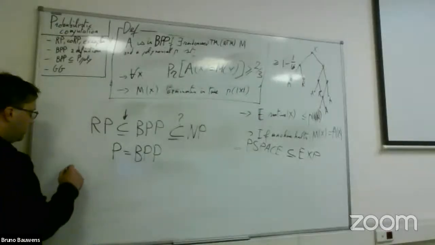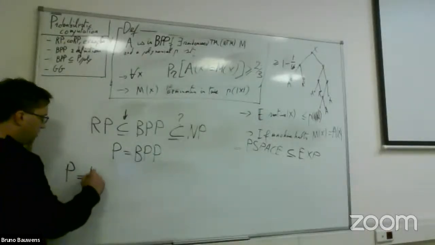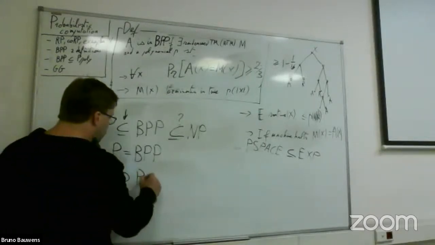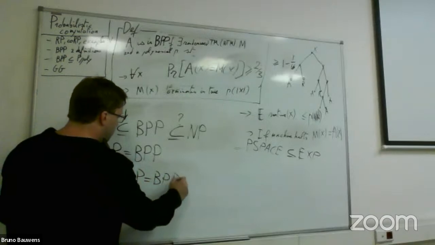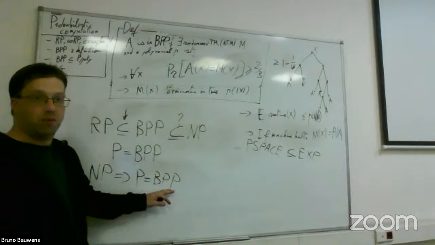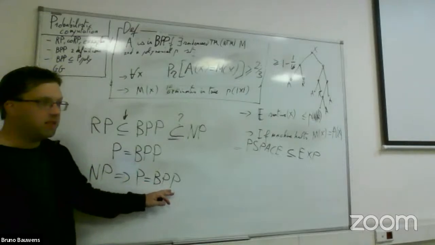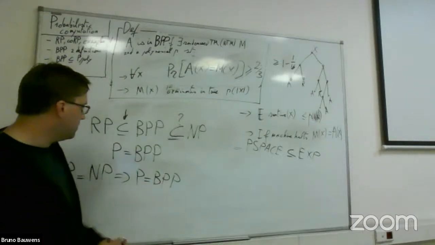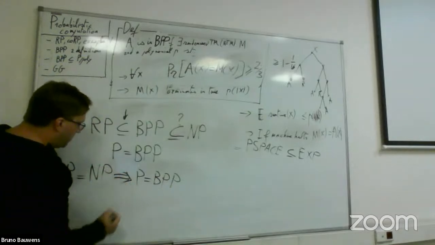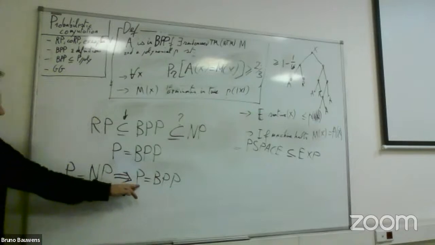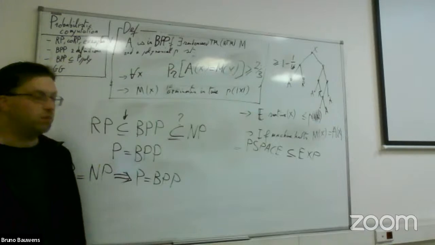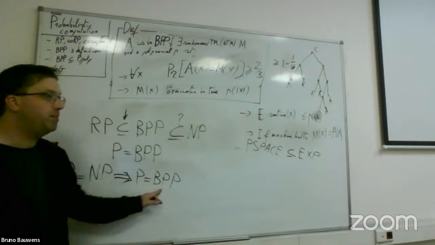Okay, and there is an interesting observation that if P equals NP, then P equals BPP. This is also a very nice theorem. It says that BPP is in the polynomial time hierarchy. For those who are reading the Arora-Barak book, they nicely explain it. A consequence of this is that P equals NP implies P equals BPP. And that means that it will be very difficult to prove that P is different from BPP.